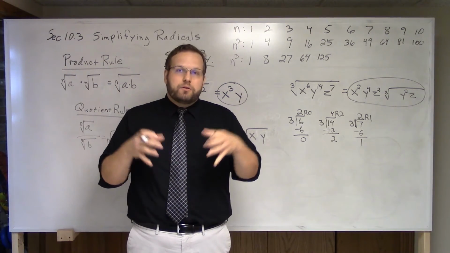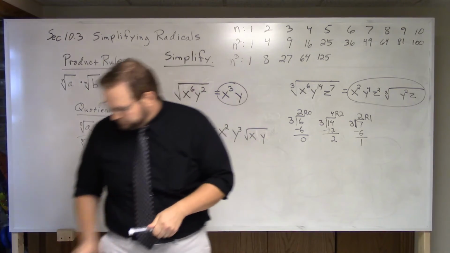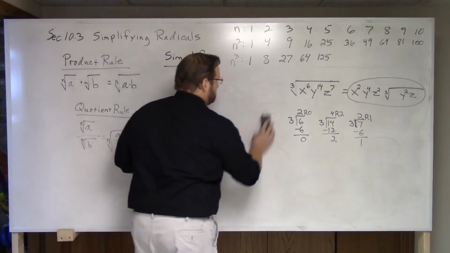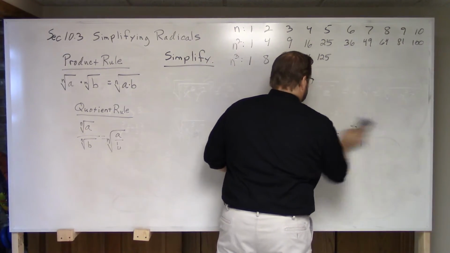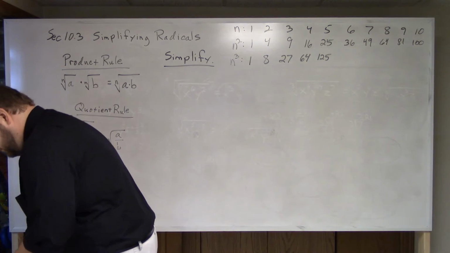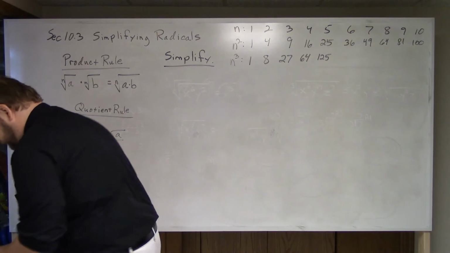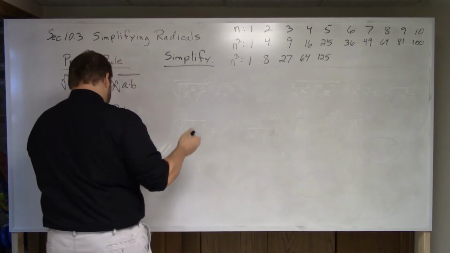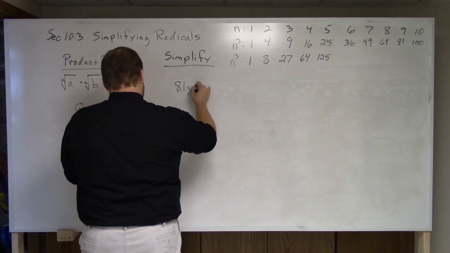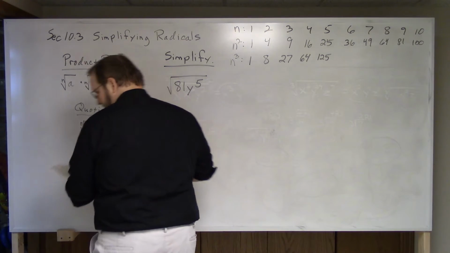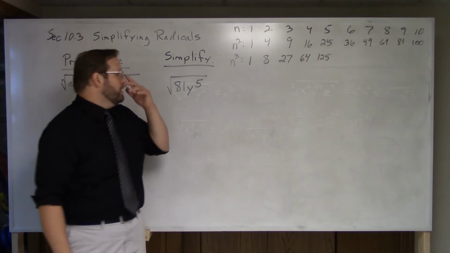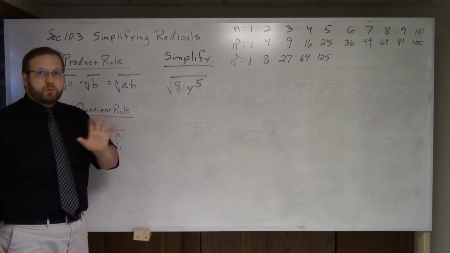Now let's pull together those numbers and variables in one shot. Let's say we have this. Square root of 81y to the 5th.